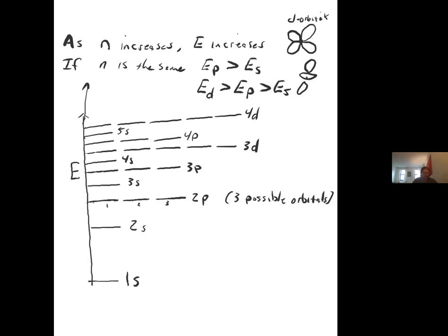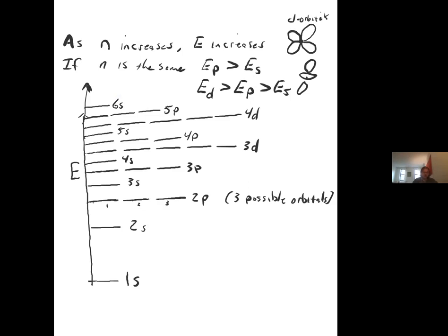Then the next one is 5p. And then the next one is 6s. I'm going to stop right there, okay? Actually, I'm not going to do this last one because it involves the f orbitals, and I'm not going to go through the f orbitals right now. If we need to do that later, we'll talk about it.